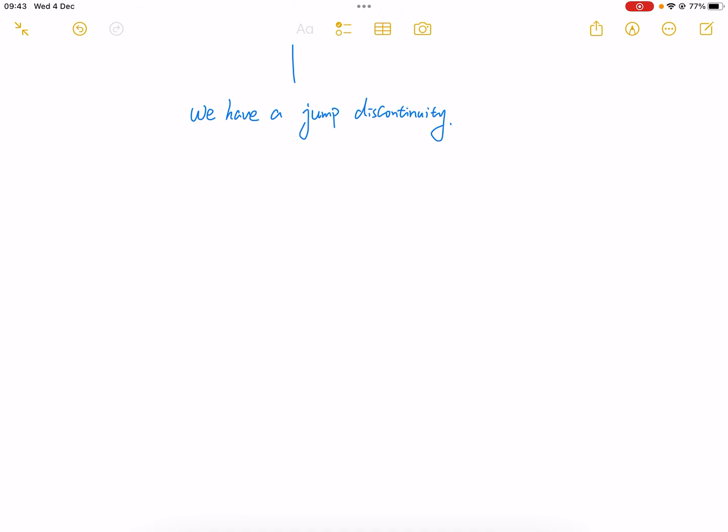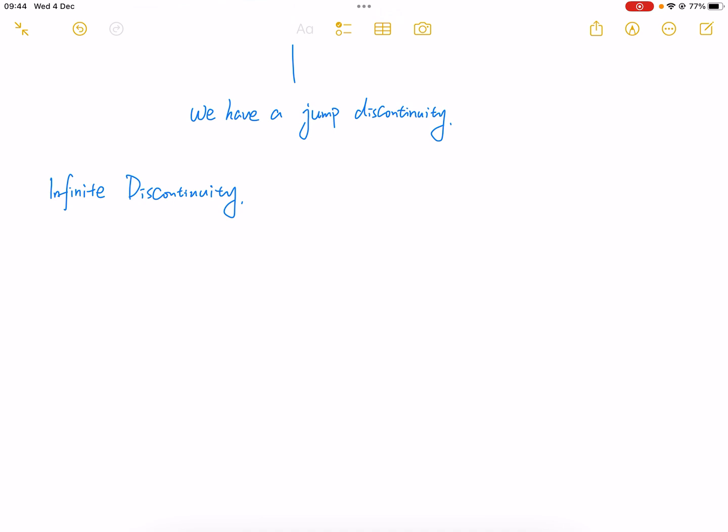Now, next example, let's look at infinite discontinuity.